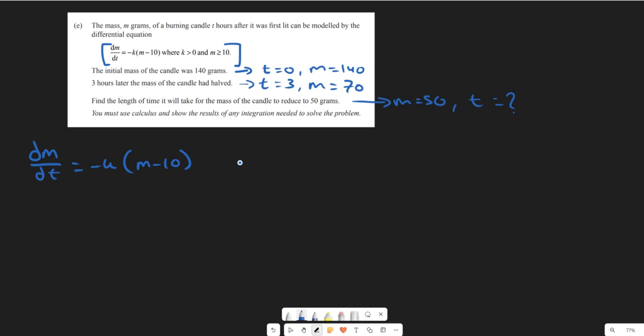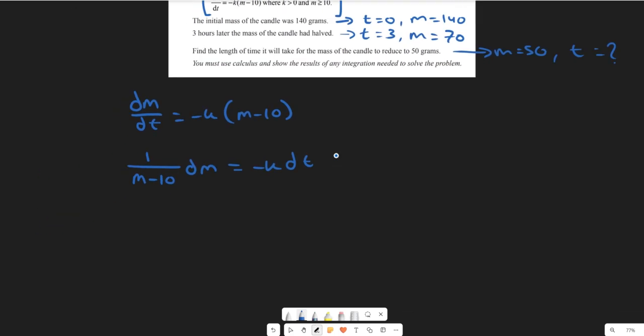And so separating our variables, dividing both sides by M minus 10, we're going to get 1 over (M minus 10) with respect to mass is equal to negative k with respect to time. And now let's go ahead and integrate both sides. So ln of (M minus 10) is just going to be negative kt plus c, right?